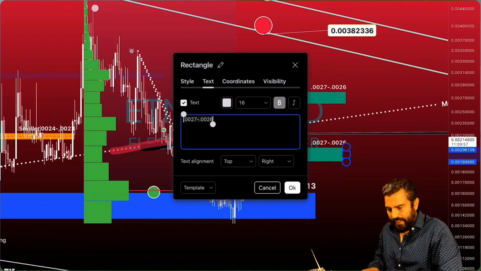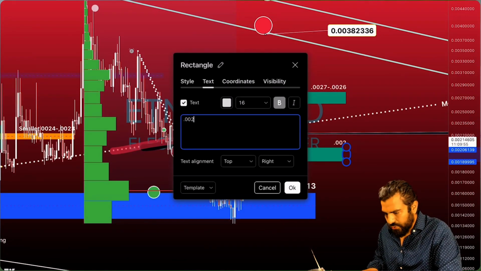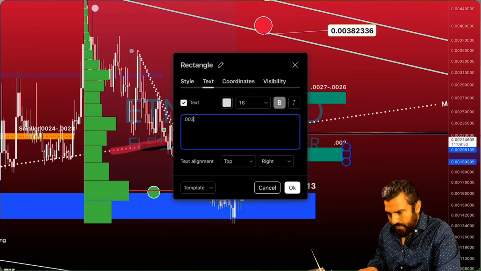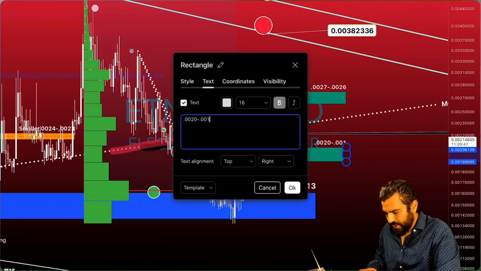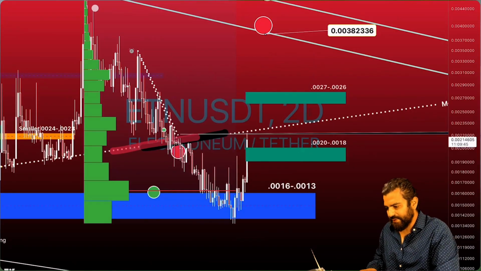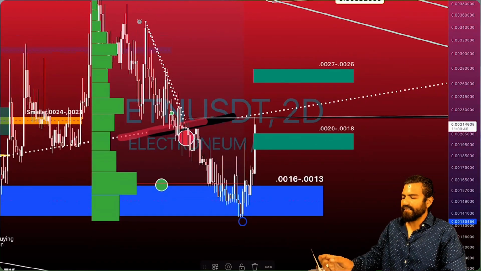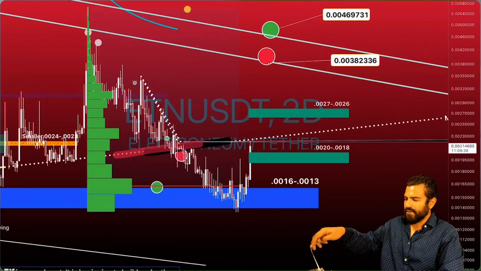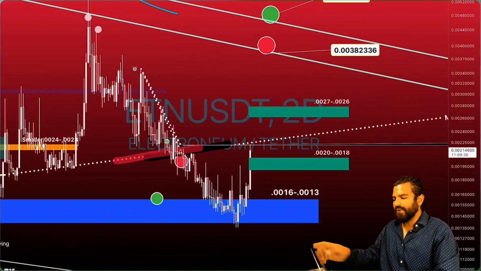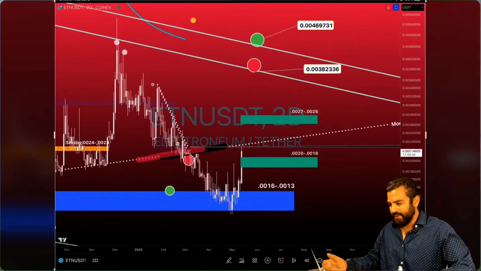All right, that target's going to be 0.0021. Oops, sorry, 0.020 to 0.0018. So 0.020 to 0.0018. So that's a little bit higher than our current target. So therefore, we want to hold on, and it'll look something like this.